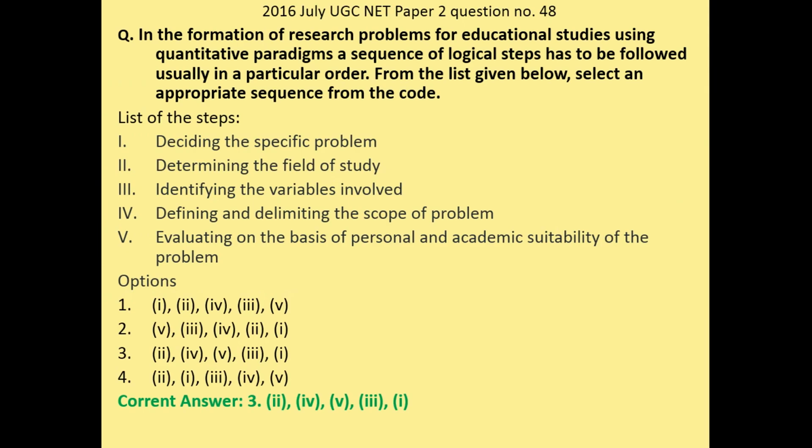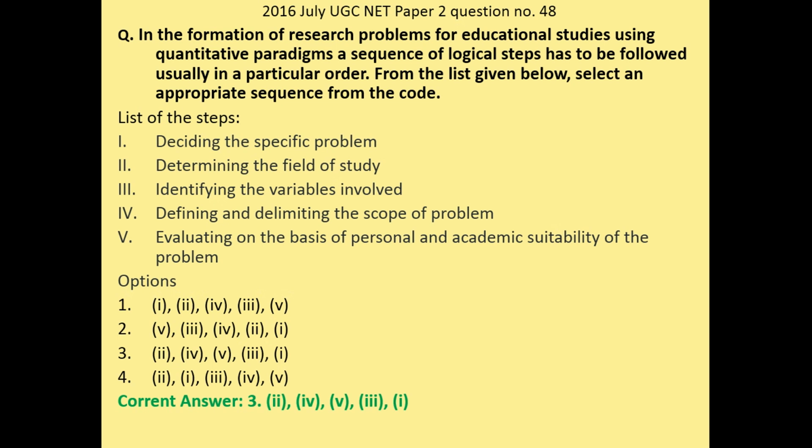This question is related to the formation of a research problem. In July 2016, this question came in paper 2. The question is, in the formation of research problems for educational studies using quantitative paradigms, a sequence of logical steps has to be followed, usually in a particular order.